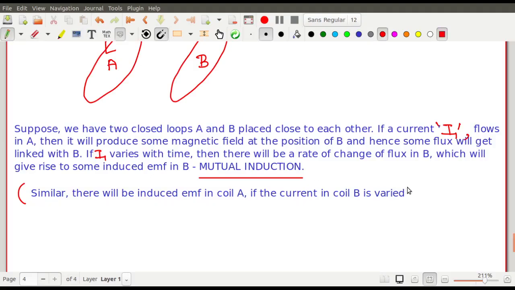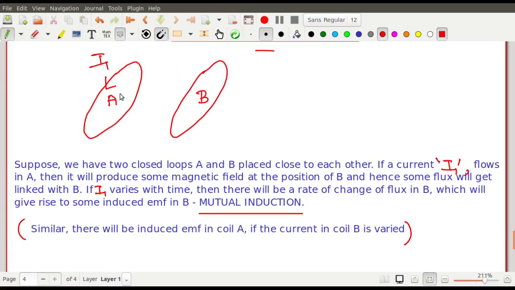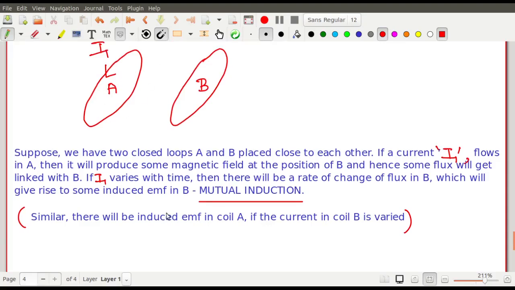Okay, that can also be done. That's the vice versa process. So if there is a current over here and there is no current there, by varying the current in B, you can induce some EMF in A. That can also be done.